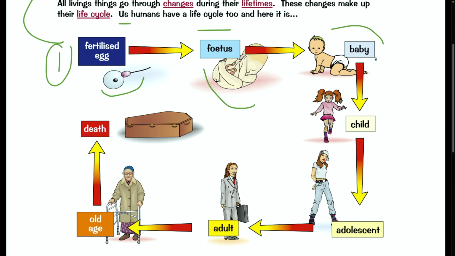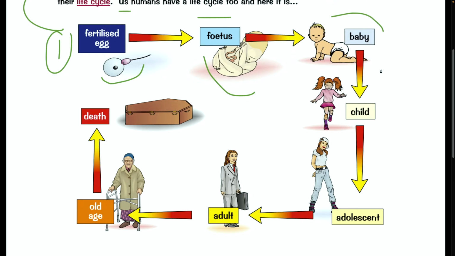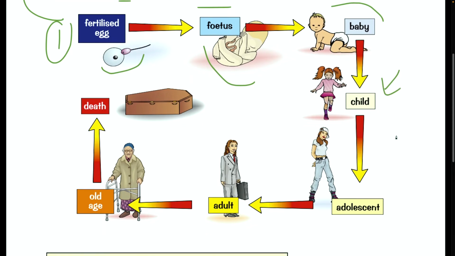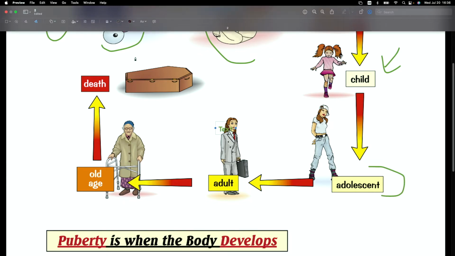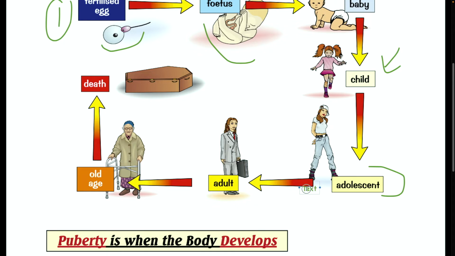So this is the next one. And then, of course, after a baby, we have the child, right? And then the next part, we have the adolescent, right? Or in English, some people use the word, let me put here for you, teenager, yeah?